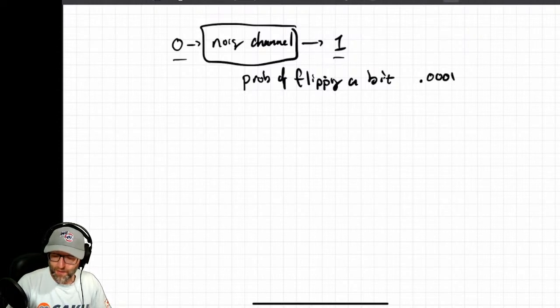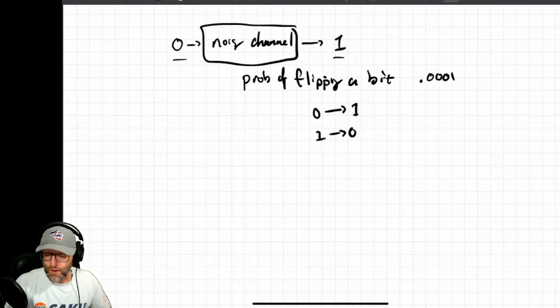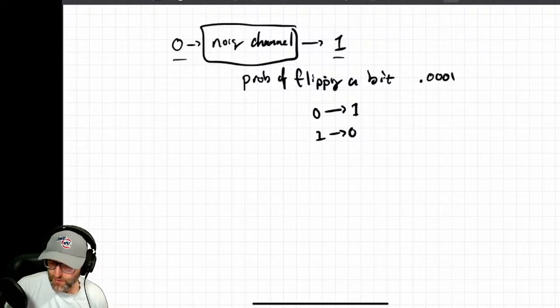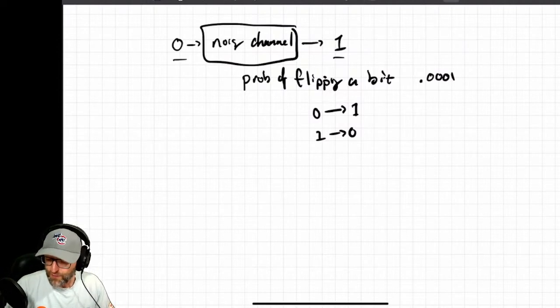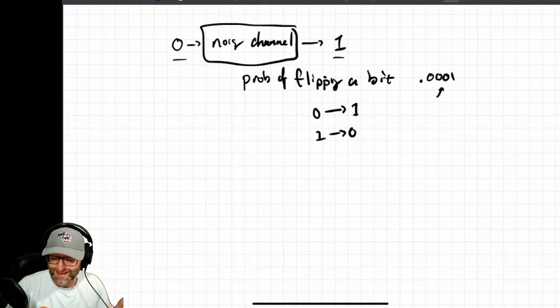And that a 0 becomes a 1, that a 1 becomes a 0. So for the most part, you can send through thousands and thousands of bits, but every 10,000th bit is going to get randomly flipped. You want to be able to either correct that or at the very least detect that.